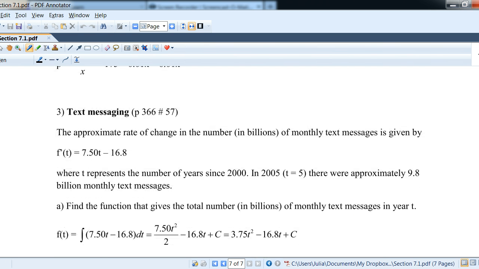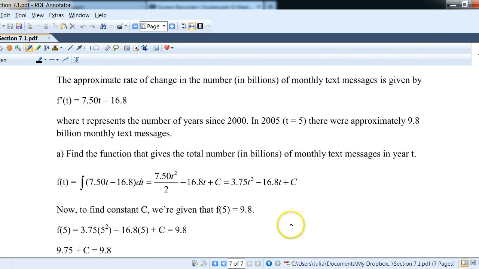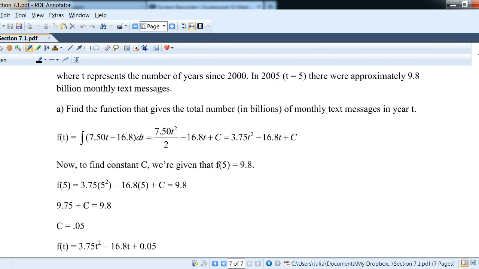So really the only difference in this problem is that f of 5 equals 9.8. So you had to actually plug in 5 as opposed to 0 and solve for it. So you're always given some kind of initial condition. Sometimes they call it initial value, but it's not always initial. It's not always 0. But this enables you to find what the constant is, so you can have any value. And I think that's it for this section.